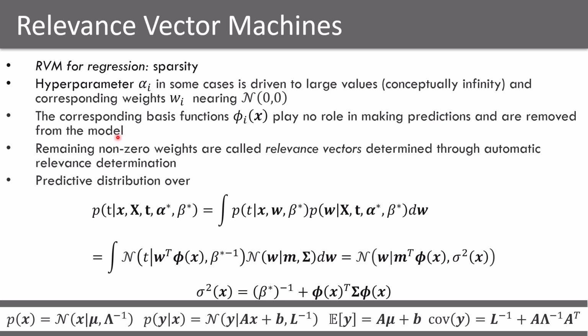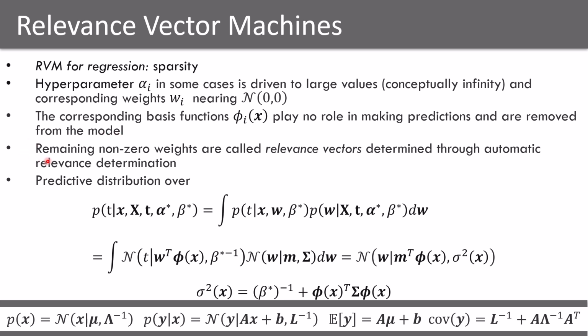So we remove the entire entry of this feature calculation from the model because it's not expressing our data well, and it's not contributing to the predictions in any way.